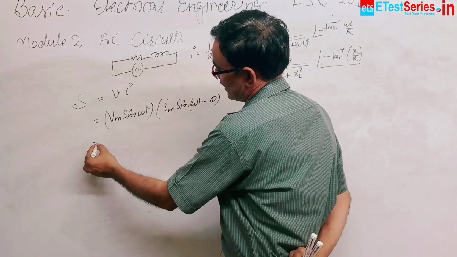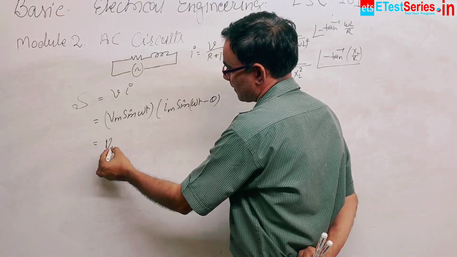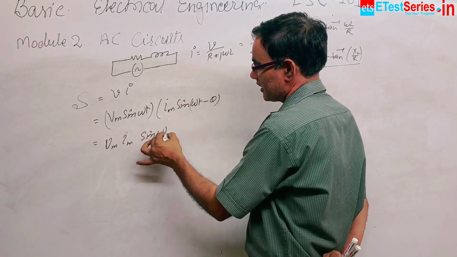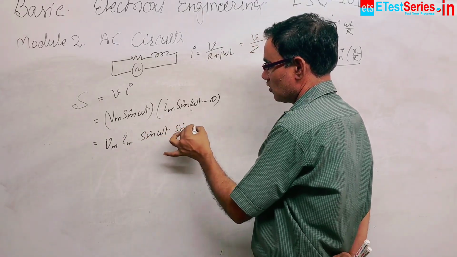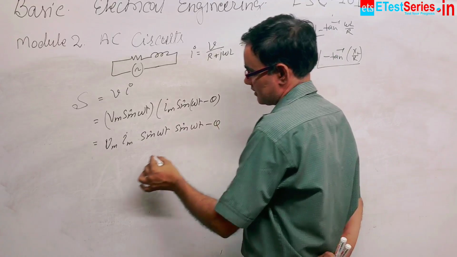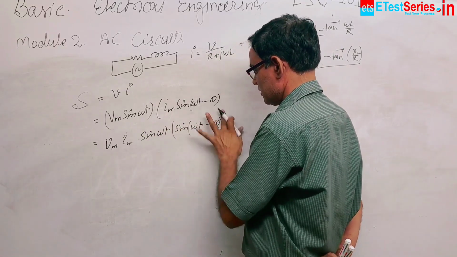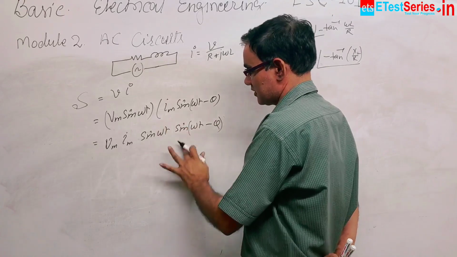So now we can say v is equal to Vm sin omega t, i is equal to Im sin of omega t minus theta.